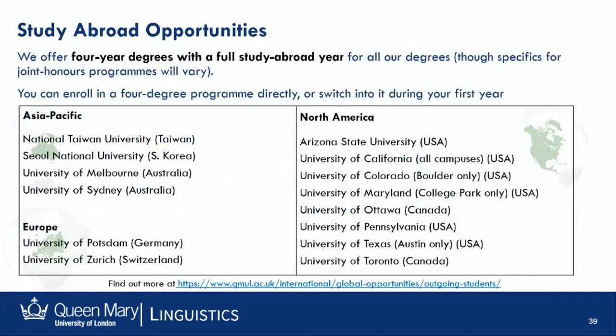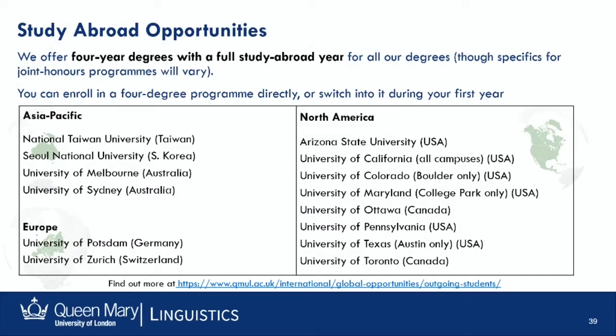In addition to the 3-year programs, all our programs have a 4-year degree option if you're interested, which is to say to take a full-year study abroad, which seems a bit bizarre at the moment given the global pandemic, but we do have a student going to Seoul next year. If you're enrolled in a 4-year degree program, you take the 3rd year, so after your 2nd year, abroad in one of our partner destinations.